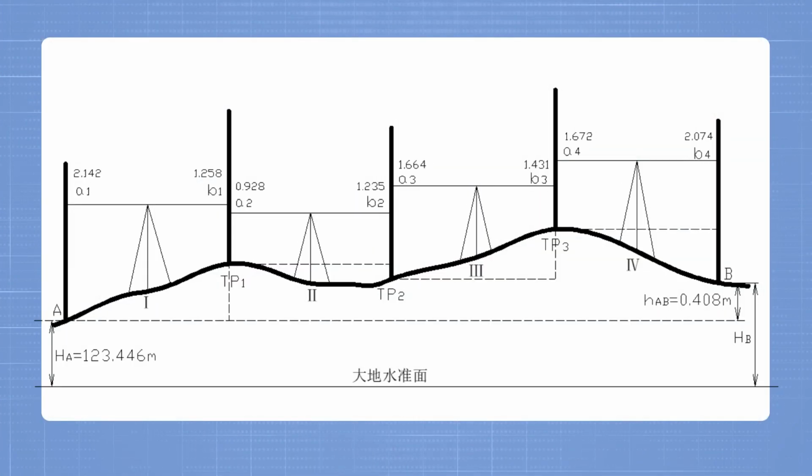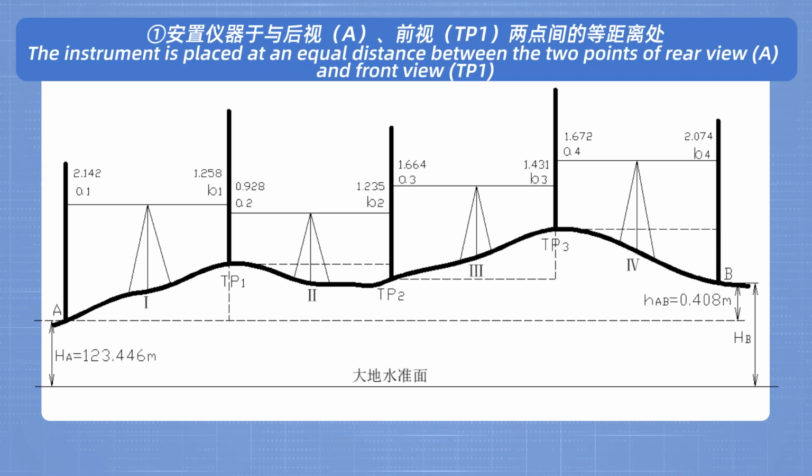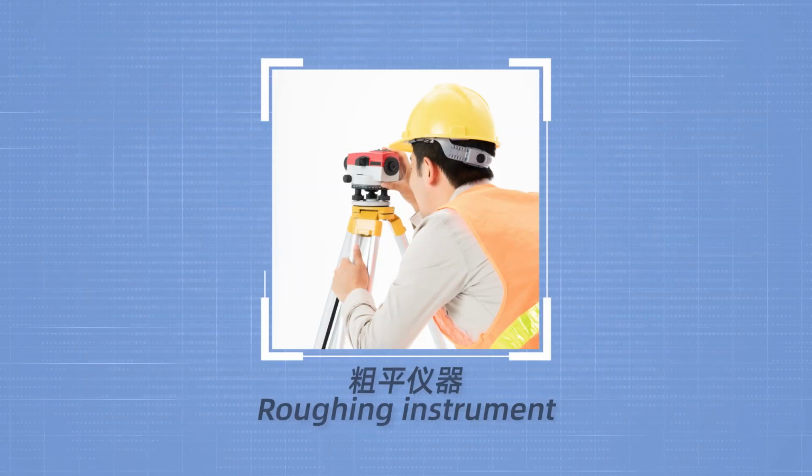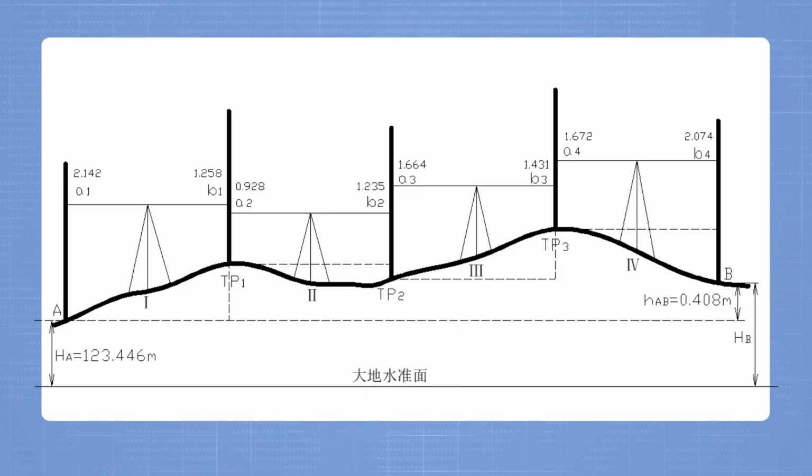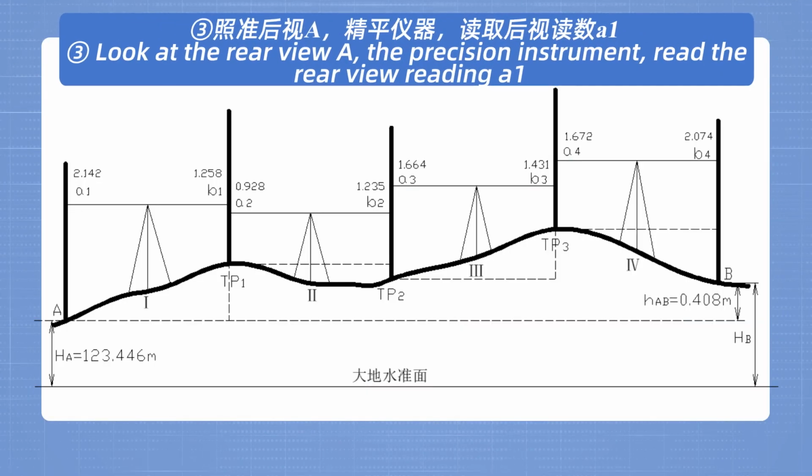Observation method. 1. Place the instrument at a point with equal distance from both the back sight point, A, and the front sight point. 2. Roughly level the instrument. 3. Aim at the back sight point A, finely level the instrument, and read the back reading A1. 4.